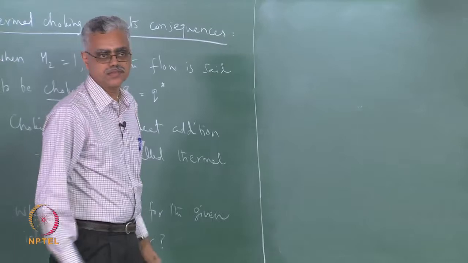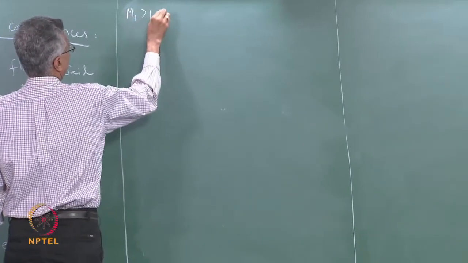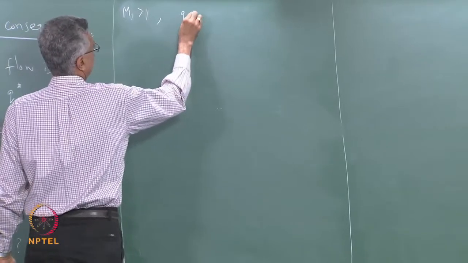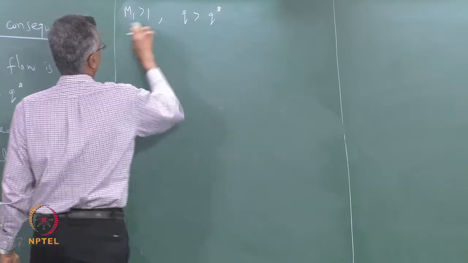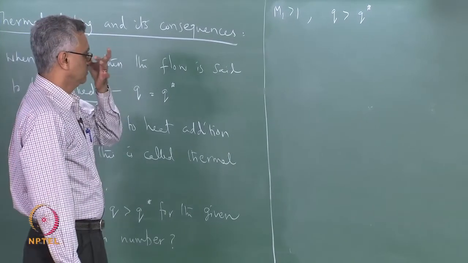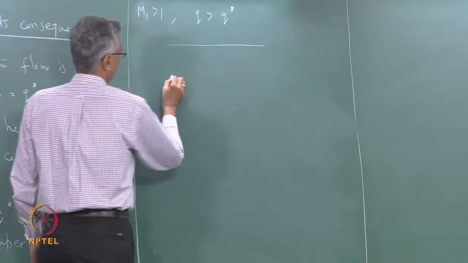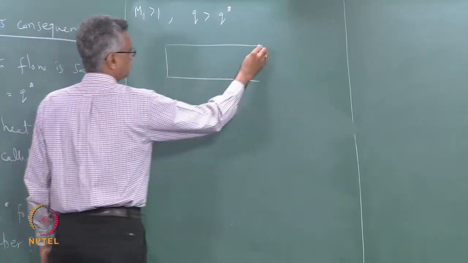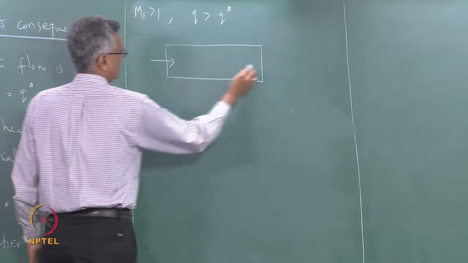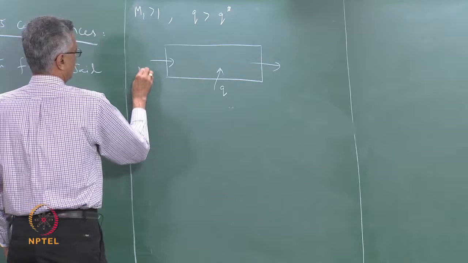So, the next case that we are going to look at is when the inlet Mach number is greater than 1 and the Q that we are adding is greater than Q star corresponding to this inlet Mach number. Once again we are looking at this type of situation.